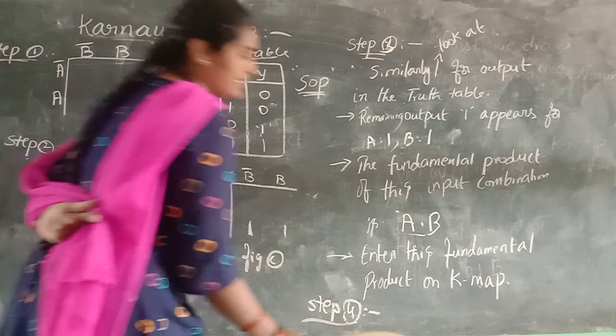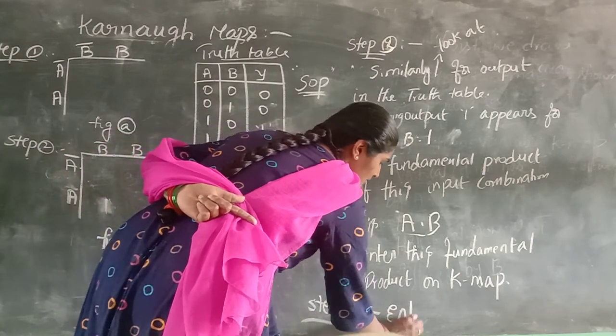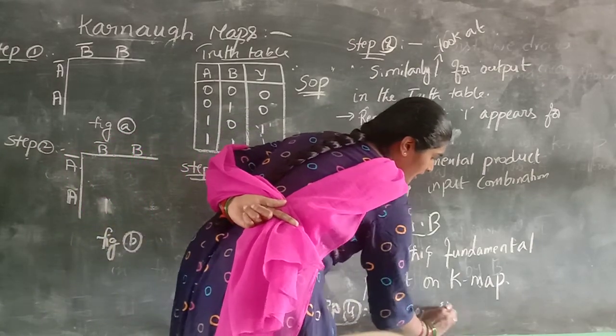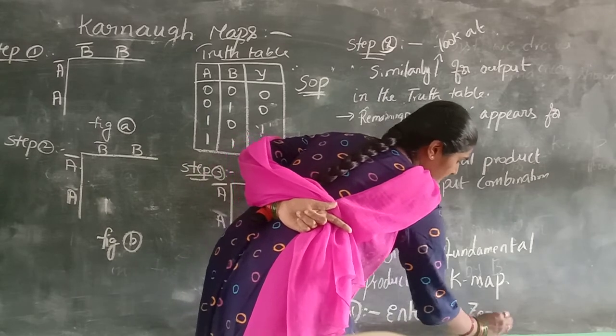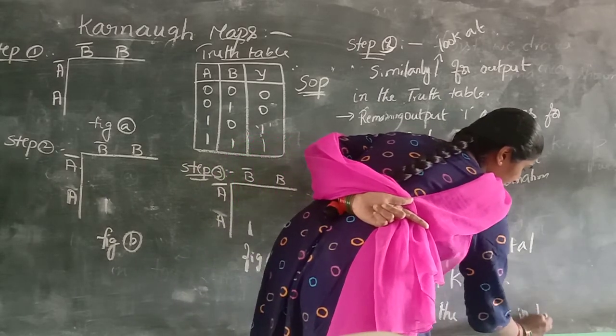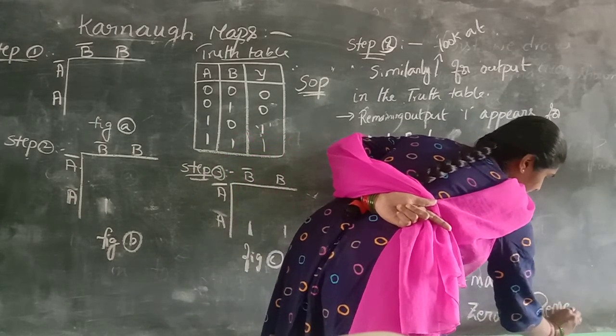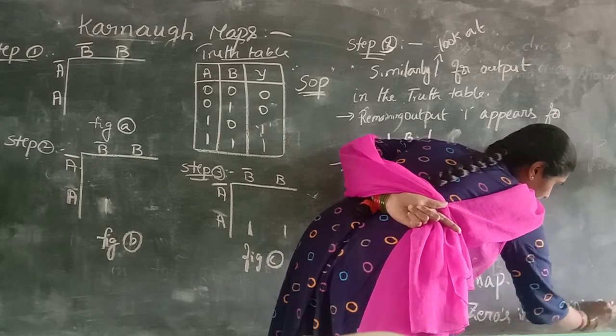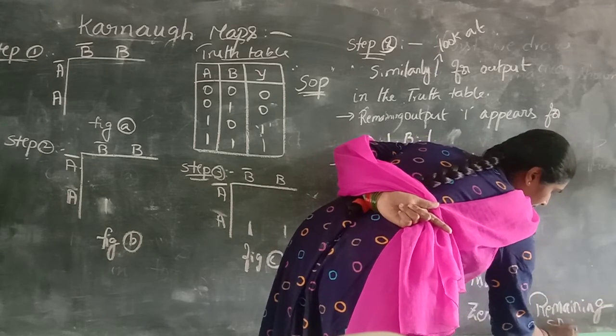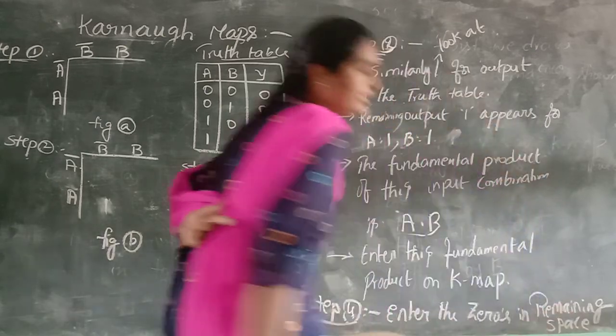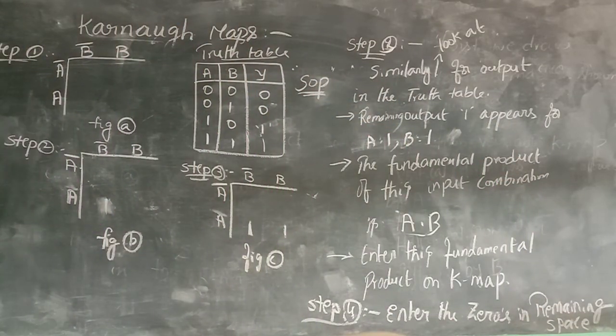The final step is to enter the zeros, fill the zeros in the remaining space.